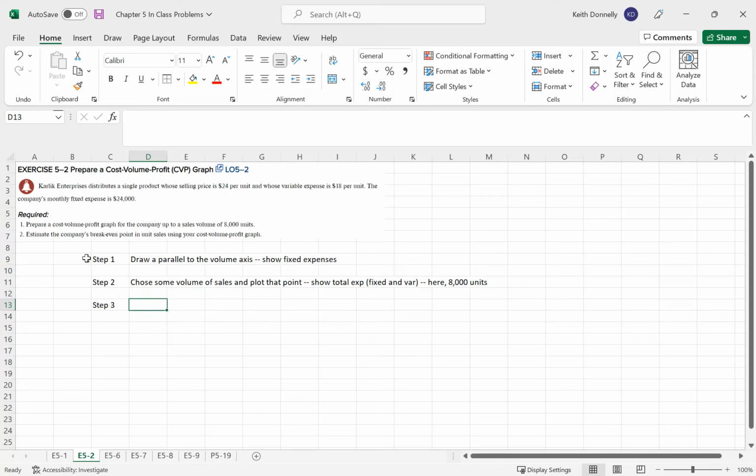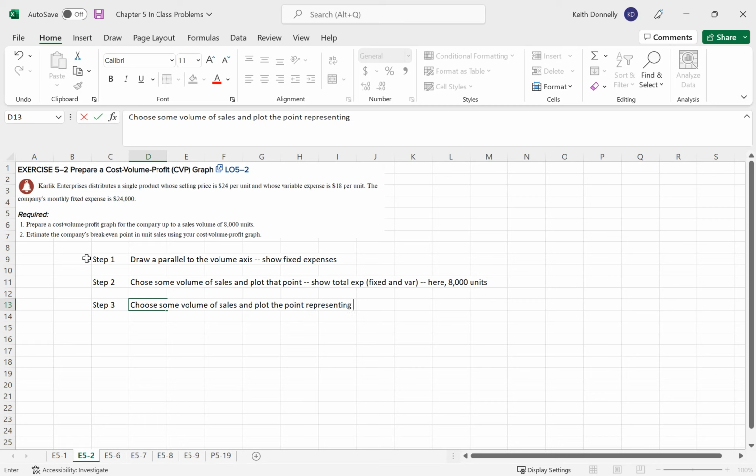And then the third step is going to be choose some volume of sales and plot the point representing total sales dollars at the activity level.